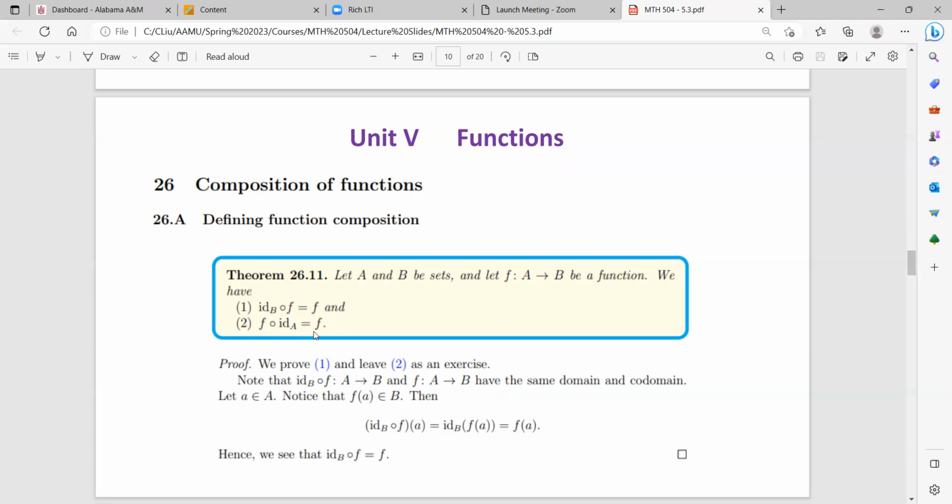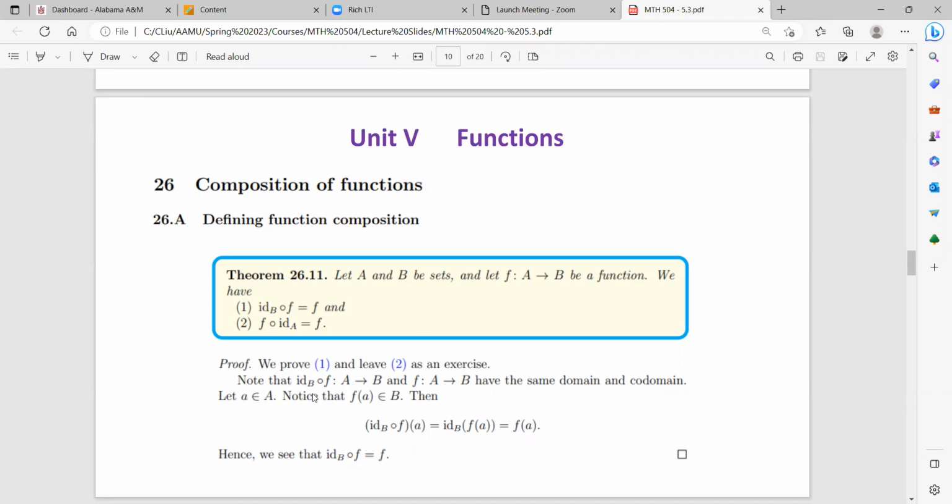This is exactly what is meant by the identity function: it should not change anything when composed with any function. It should not do anything actually. So this is very easy to understand.